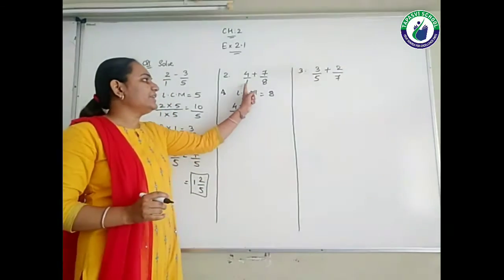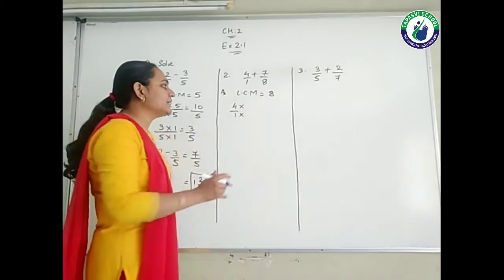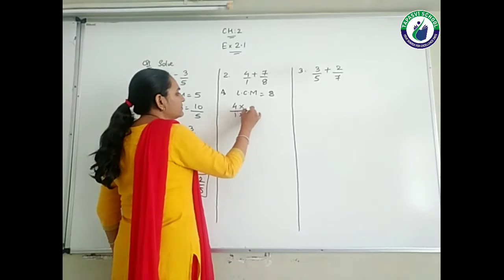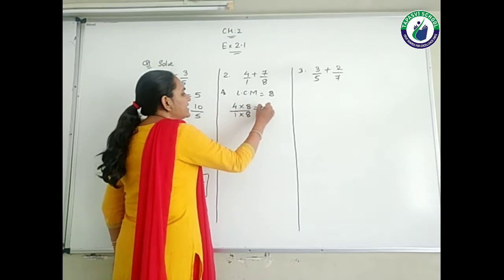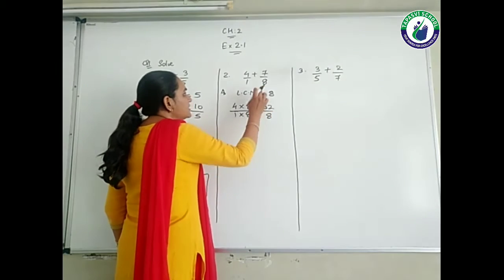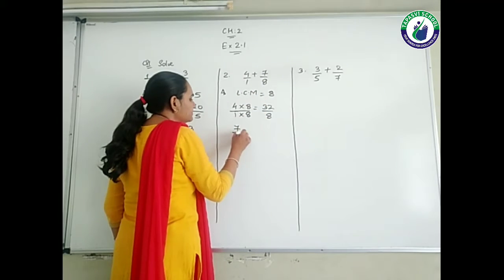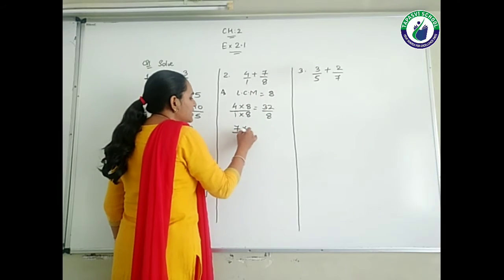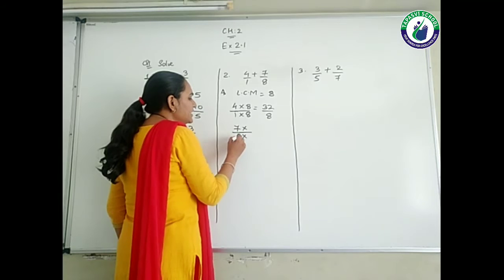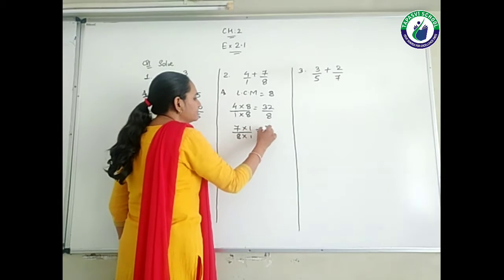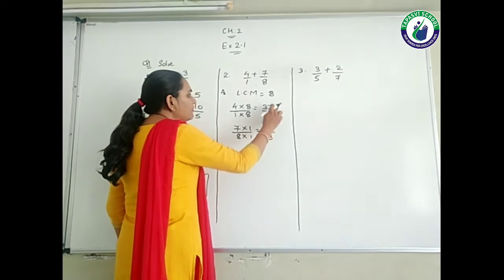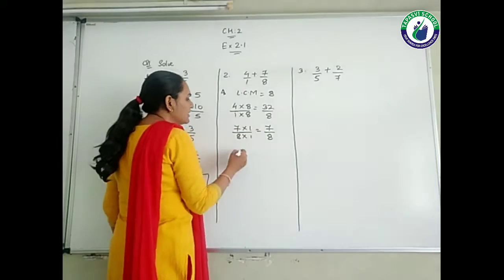Now which number do I multiply with the 1 to get 8, that is 8. So 4 8s are 32 upon 8. Similarly 7 upon 8 is there. Which number do I multiply with 8 to get 8, that is 1. Now what are we supposed to do? We are supposed to do the addition.